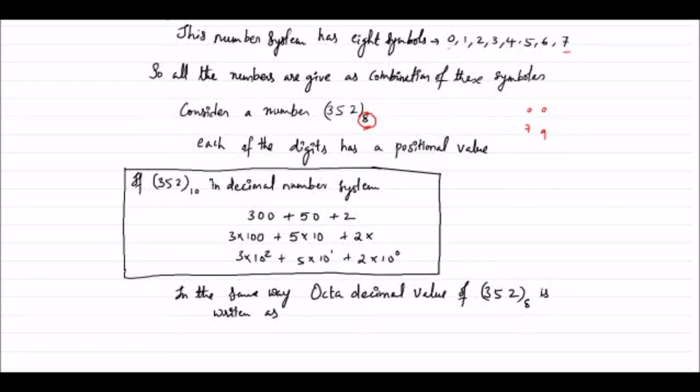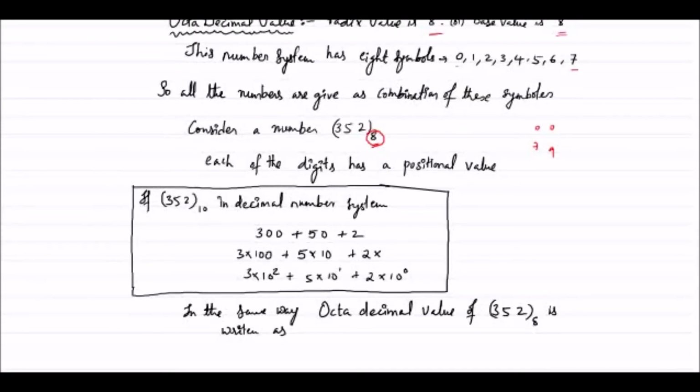In the decimal number system, as you can see here, I have written 352, the same number with base 10, which is the decimal number. It can be written as 300 plus 50 plus 2, that is 3 into 10 power 2. This is the expansion representation as we discussed in the previous video.